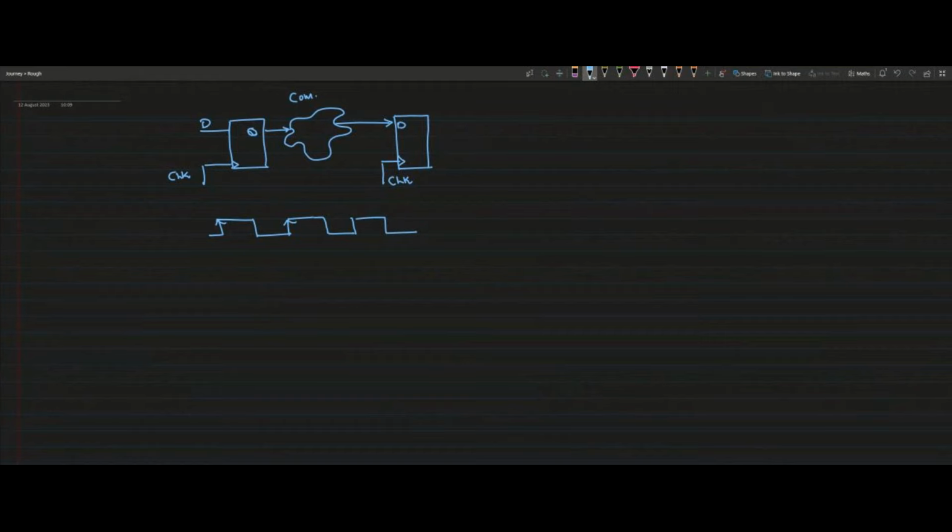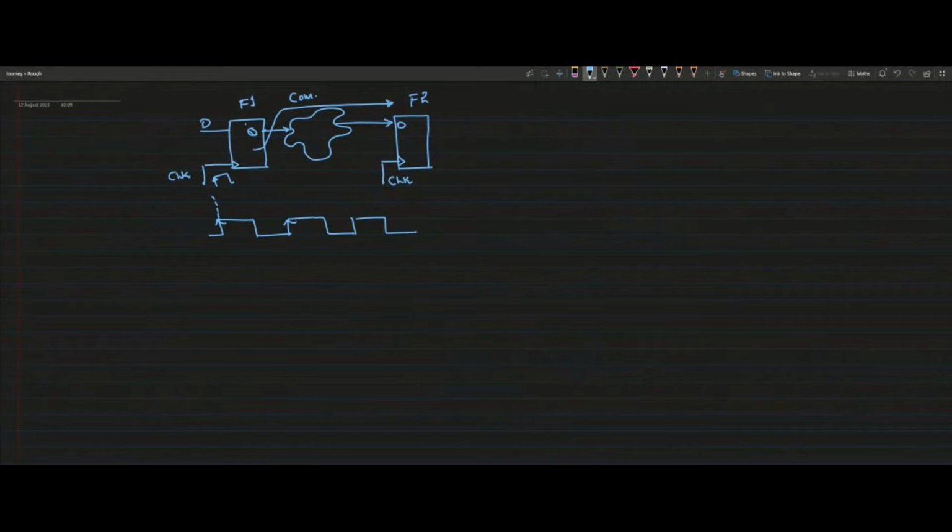Just assume that at this rising edge, if I launch the data, the data that is here is launched at Q. At this rising edge, I'm capturing the data at this flip-flop. That data has to transfer from here to the input of another flip-flop. You can say this is F2 and F1.